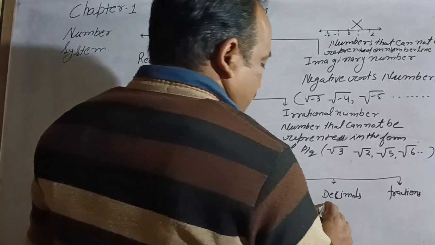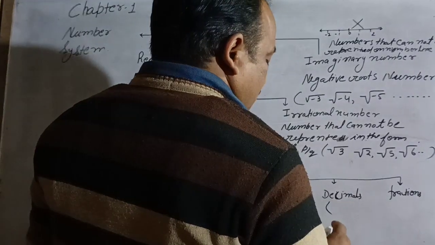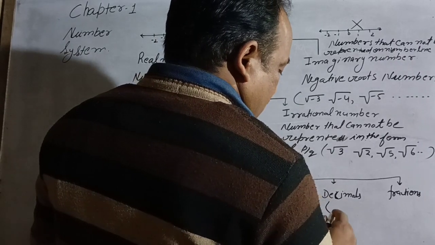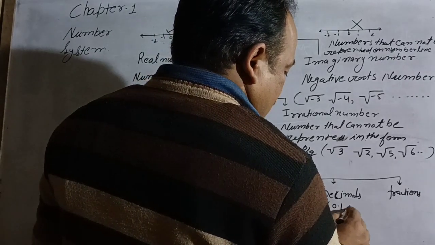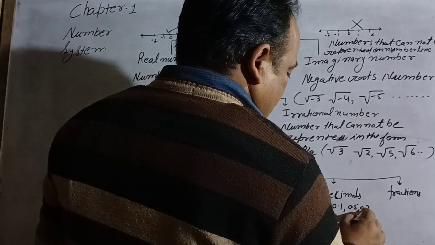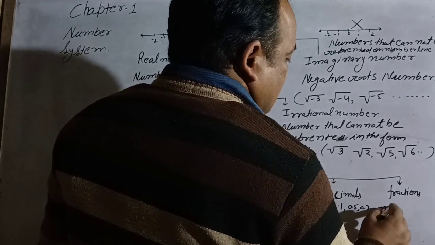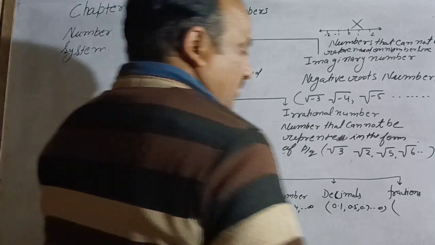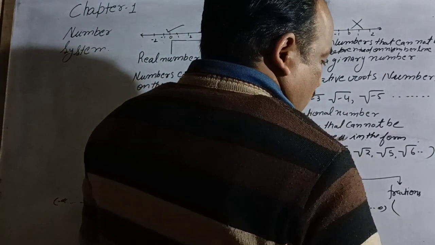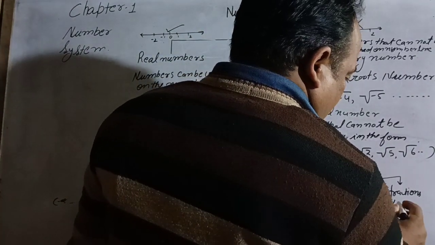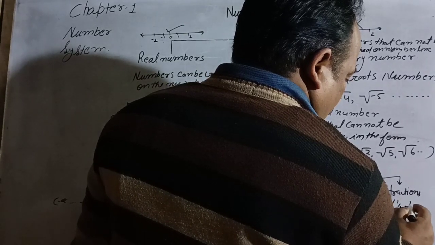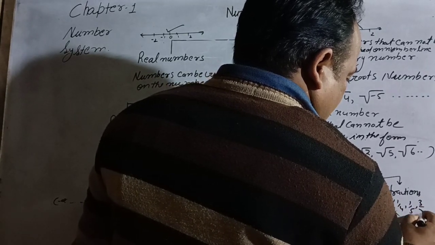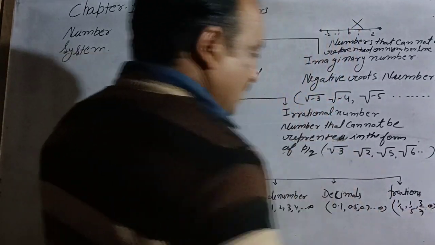Decimal numbers are numbers with division by 10: 0.1, 0.5, 0.7. Fraction is an equal part of a whole, like 1 upon 4, 1 upon 5, 3 upon 7.